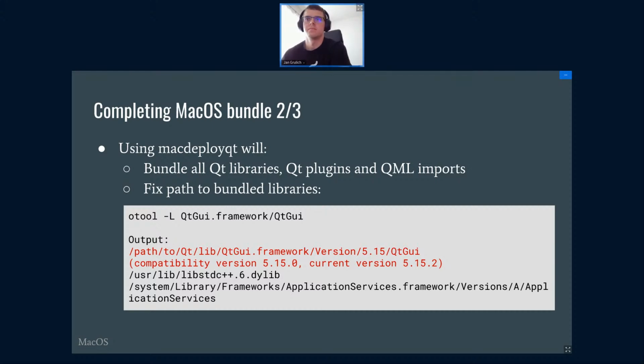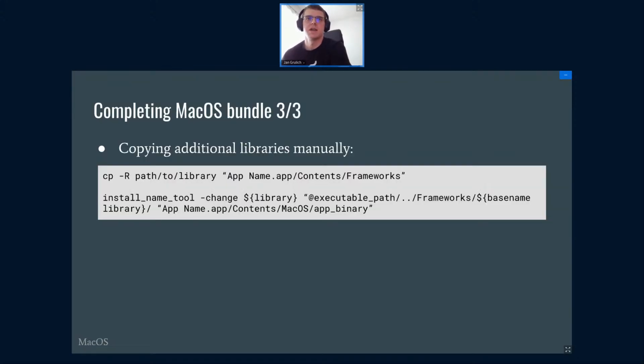So if there are situations where you have to do this manually, you have to change the path to the library. You first copy it to the specified directory in the application bundle. In this case, it's the name of the bundle, Contents, and Frameworks. And then you have to call install_name_tool. That's a tool that allows you to change the path to the library.